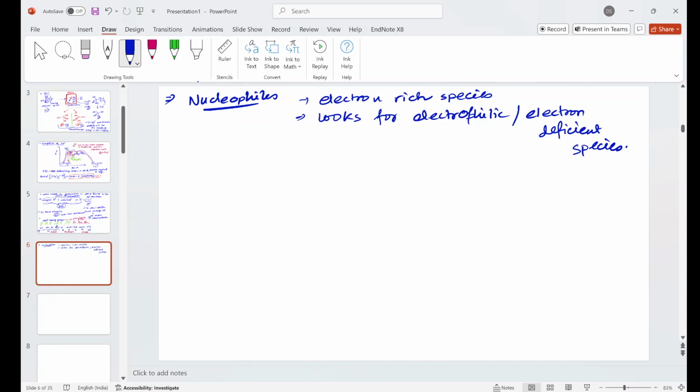Say, for example, you have this, R-2-bromobutane, and you react it with water. You will get 2-butanol.